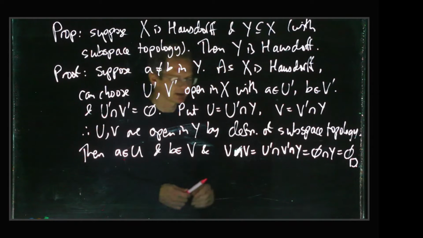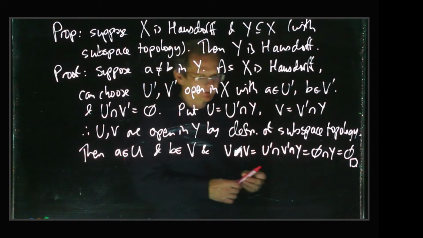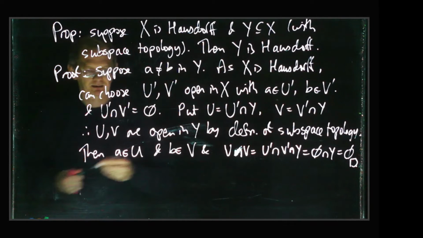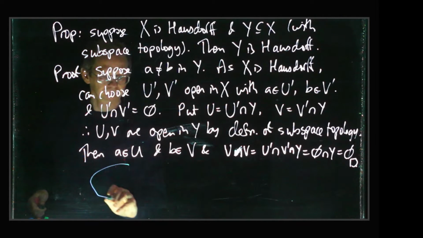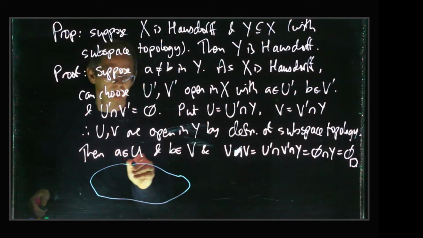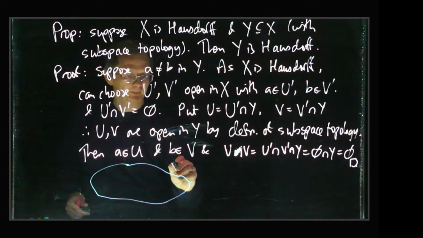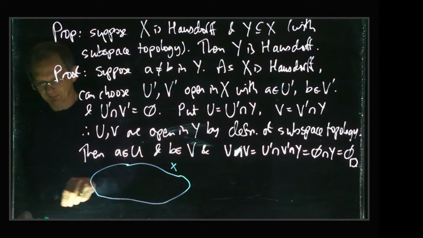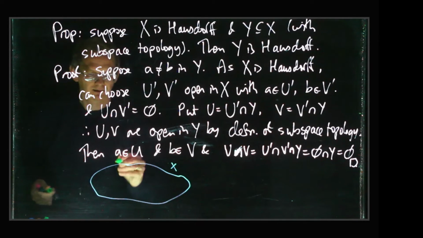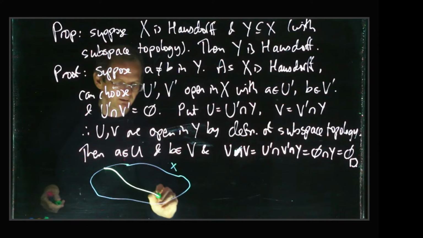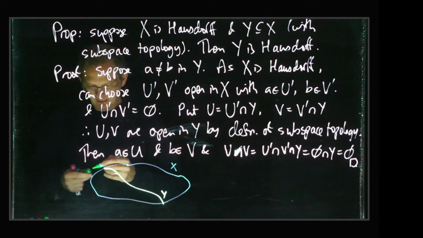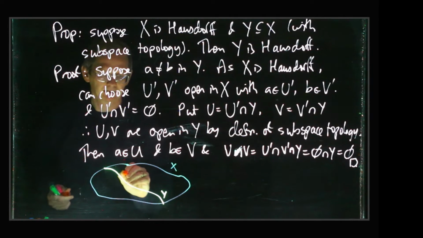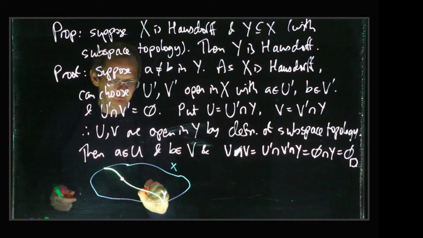Okay, so that's how it goes, and we can maybe draw a little picture. Here's our space X, and maybe Y is just this part of X, and you've got your points A and B, which are here and here.